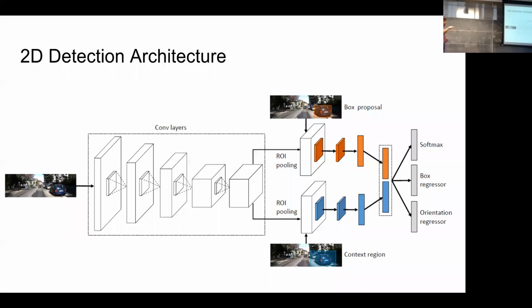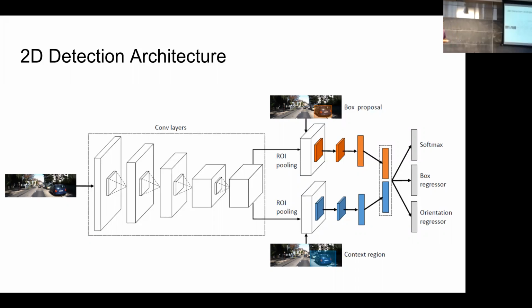Then we have another stream of region of interest pooling layer where they also utilize context information, which is the same as the box proposal, except the box proposal sizes are enlarged so that you can capture a bit of the area around the actual object of interest you were trying to look at.